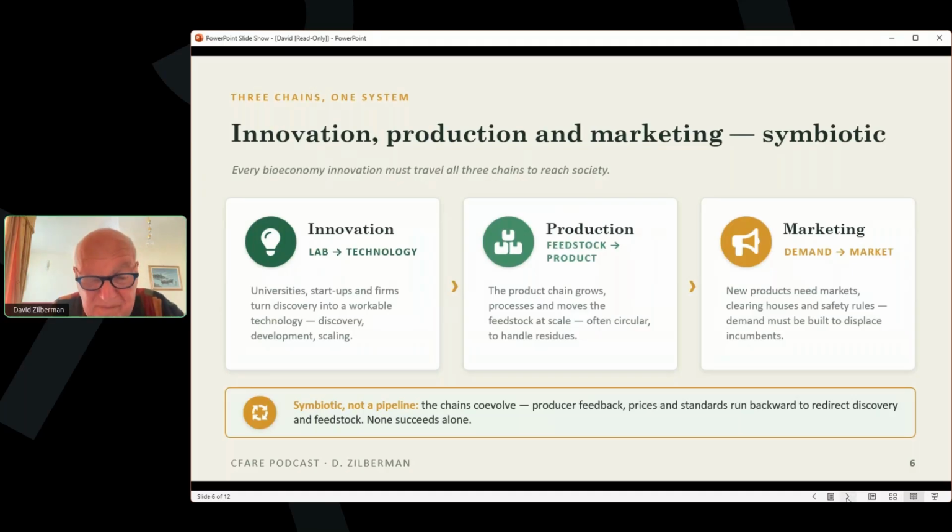Now we can speak about three types of supply chain: the innovation supply chain, the product supply chain, and the marketing supply chain. The innovation supply chain is moving product from the lab to provide a new technology to the manufacturer.